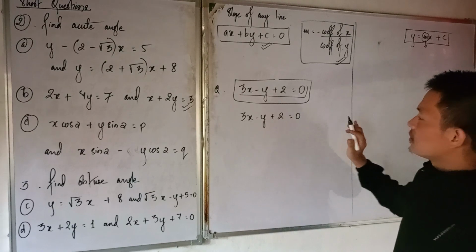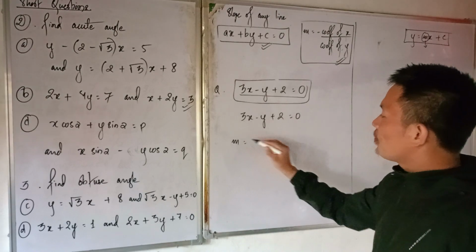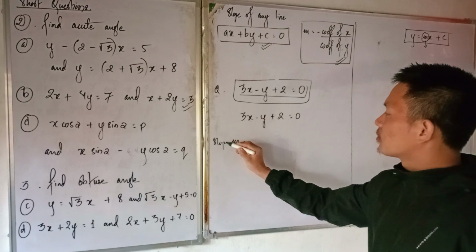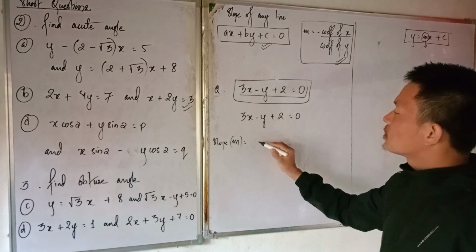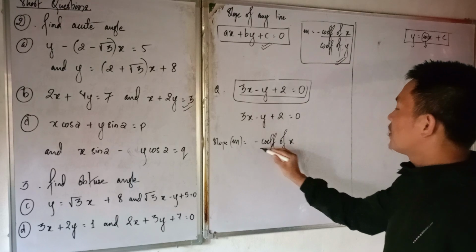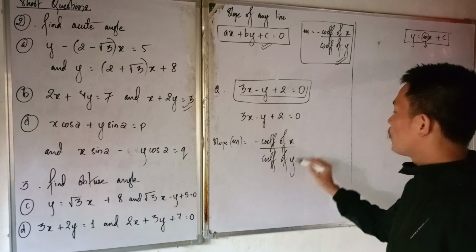In this case you can use the formula slope m equals minus coefficient of x divided by coefficient of y.